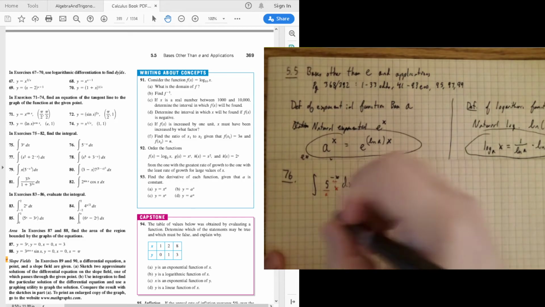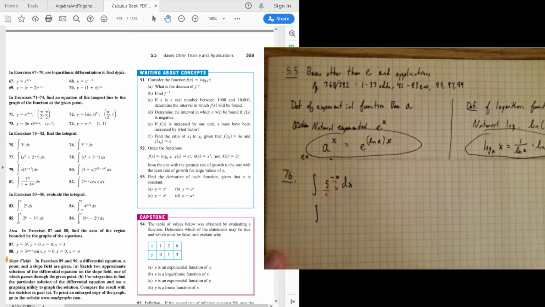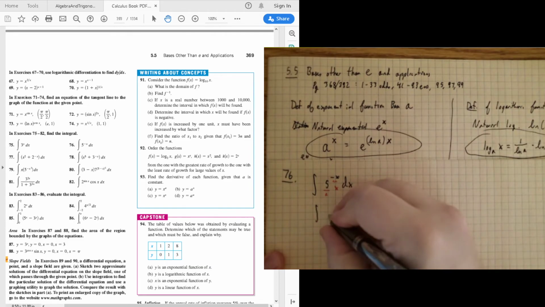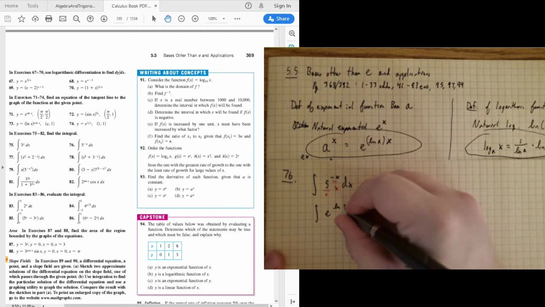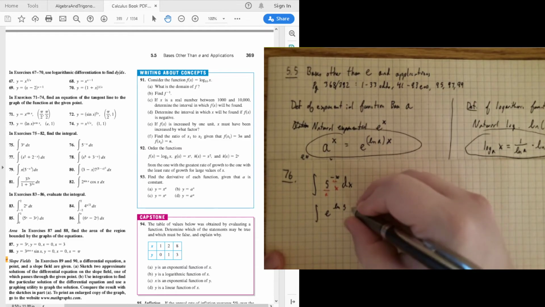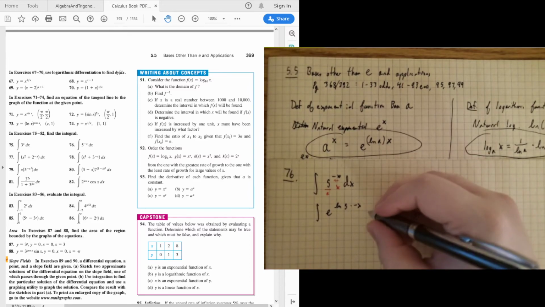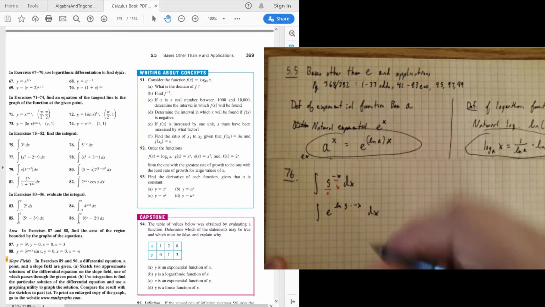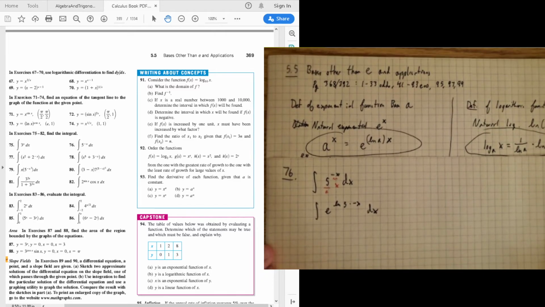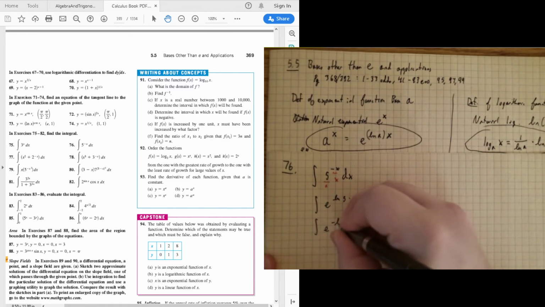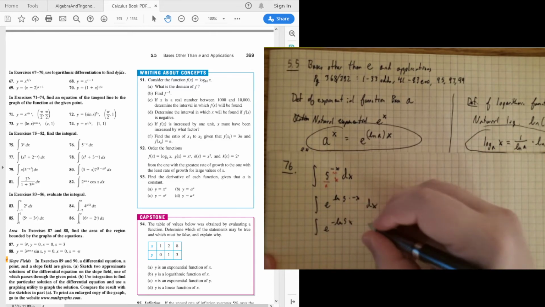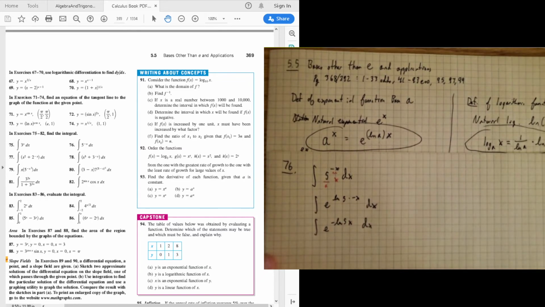So this becomes the integral of e to the ln of 5 times negative x dx. Now, from here, I can rewrite one more time, integral e to the negative ln of 5x dx.